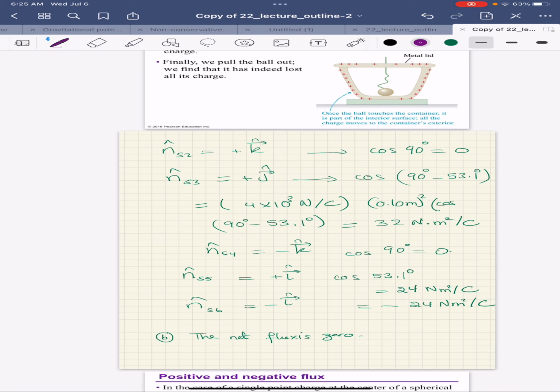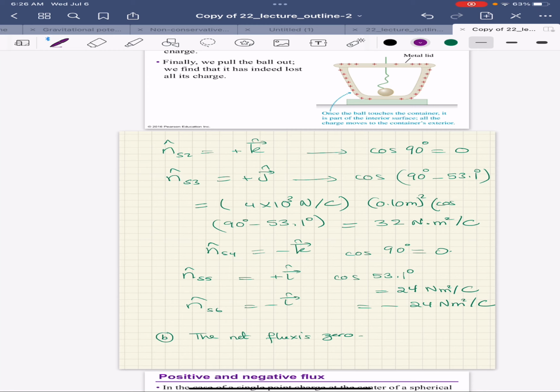Also, when I move to S3, it is on the other side of the x, and it's going to have the same flux as S1, but a plus 32. S4 is similar to S2, and therefore it is cosine 90, and therefore it is 0.